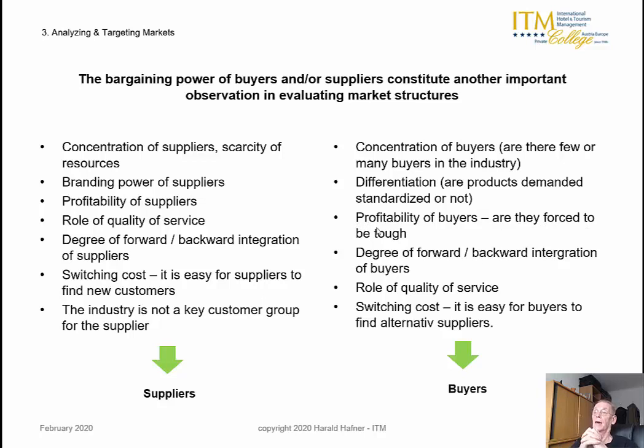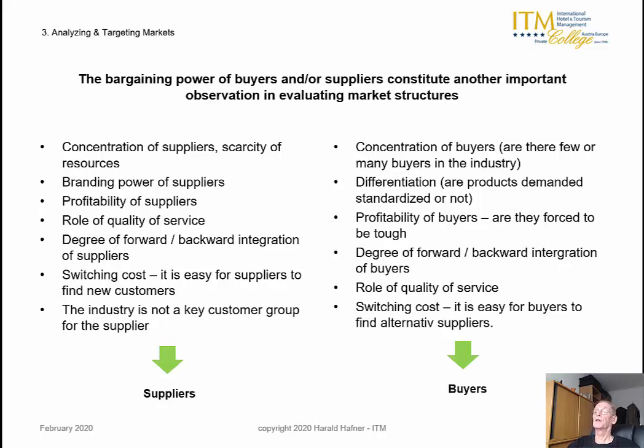Well, guess what? A lot of people negotiate tough for the best price. And if we are in a buyer's market where the buyers have the say, this appears to be difficult. The degree of forward or backward integration, this is the vertical integration as mentioned with the example of McDonald's.